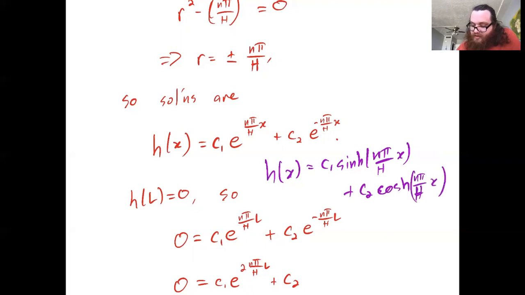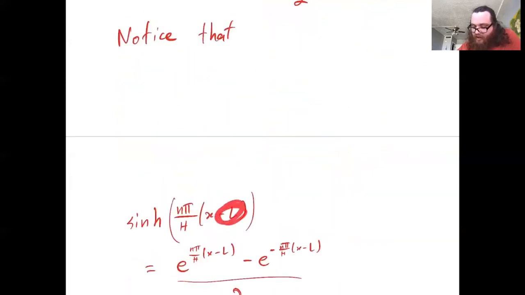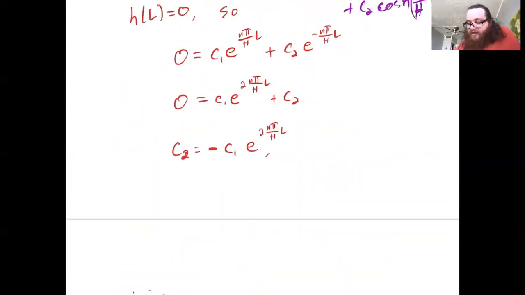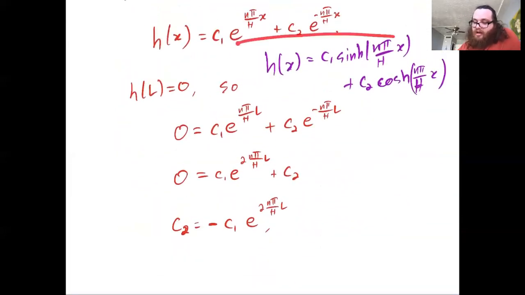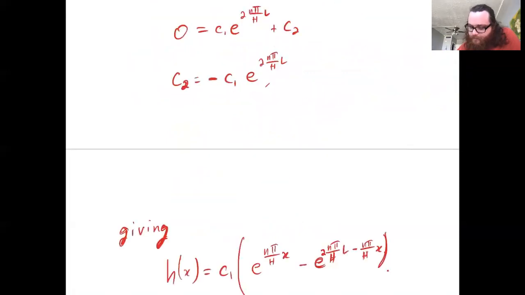This doesn't account for the extra minus n pi l over h, but it gets you closer to expressing things in terms of sinh and cosh from the start. In the end, it's just another solution, just the form that the solution takes. So however you want to write it is fine. Some ways might be a little more interpretable or easier to parse than others.